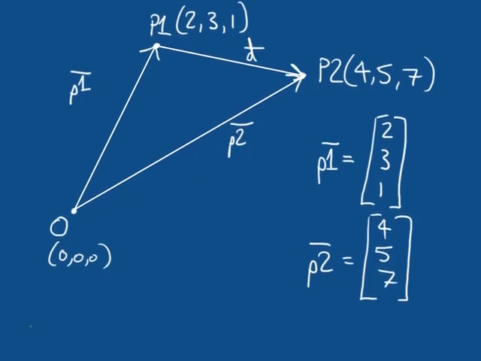I could say vector D is equal to, well, if we're starting at point P1, we need a negative p1 and then a positive p2.